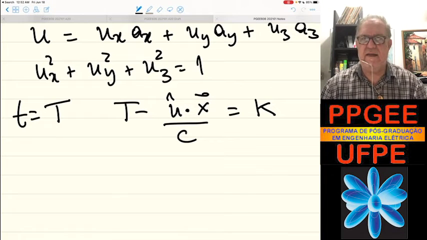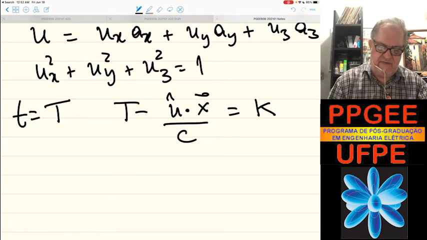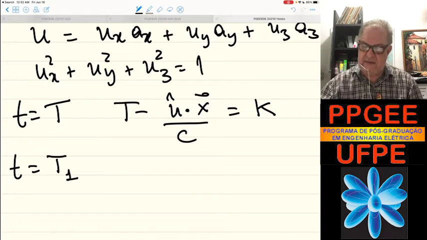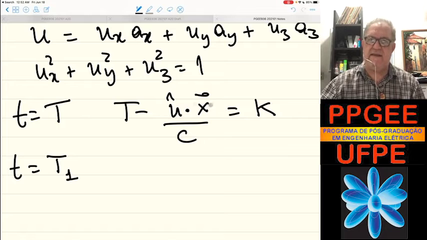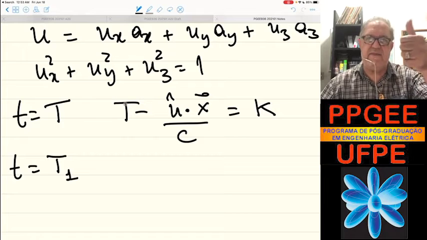Let's make time move to a new time t1 now. And I want to know, where is this surface now? This is one surface, right? We are going to look at it in a moment. When I change the time, I want to go to a new time. I want to know where is the surface now that gives the same amplitude.